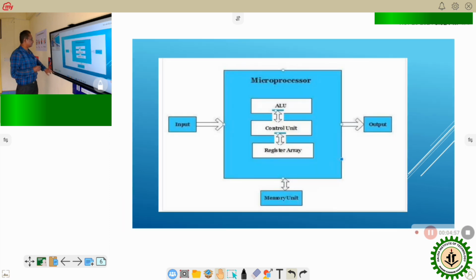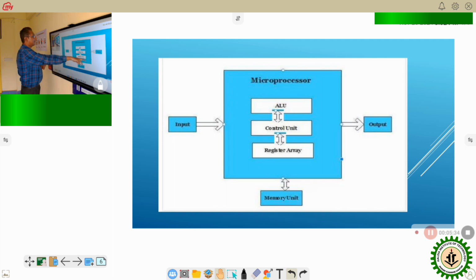This is the diagram. The microprocessor can communicate either with its input devices and output devices, together called peripherals, or with the memory unit. Here you see this is a very vital structure.